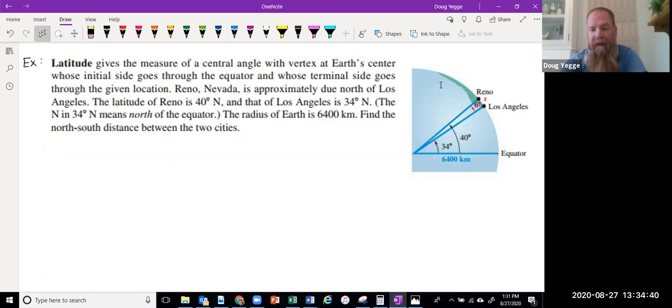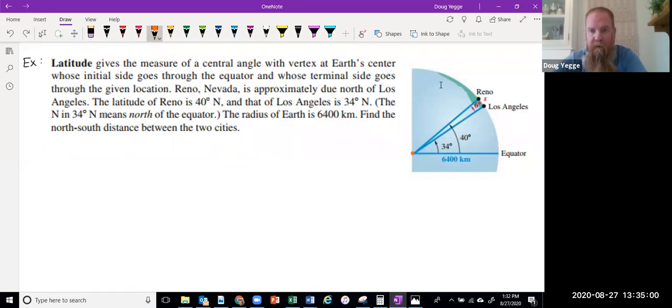So latitude and longitude are ways for us to measure angles from the core of the Earth to various locations on the Earth. Latitude is simply the measure of the angle with the vertex at the center of the Earth, at the core.